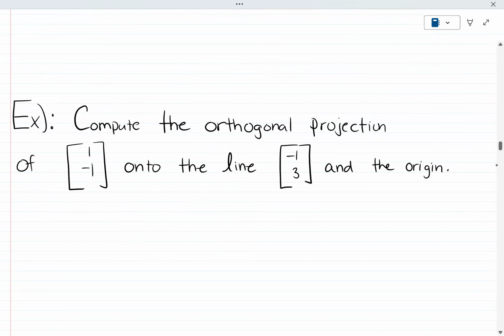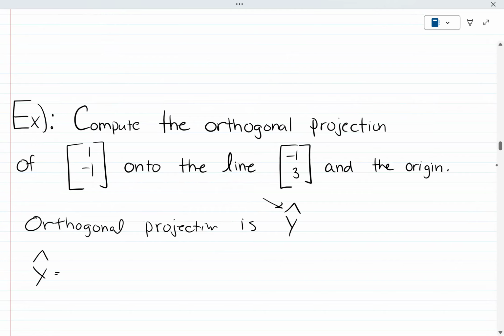So we know that the orthogonal projection is y hat. So y hat is equal to y times u all over u times u.